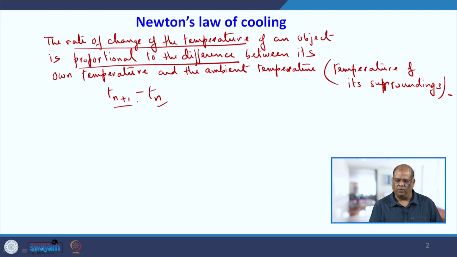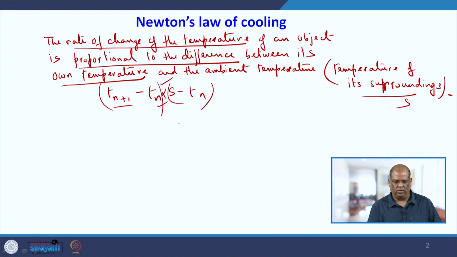So, this is the rate of change and it is proportional to the difference between its own temperature, that is your Tn, and the ambient temperature, that is its surroundings, which we can take as some S. So, it is S minus Tn. So, you can write Tn plus 1 minus Tn equals some constant of proportionality k times S minus Tn.